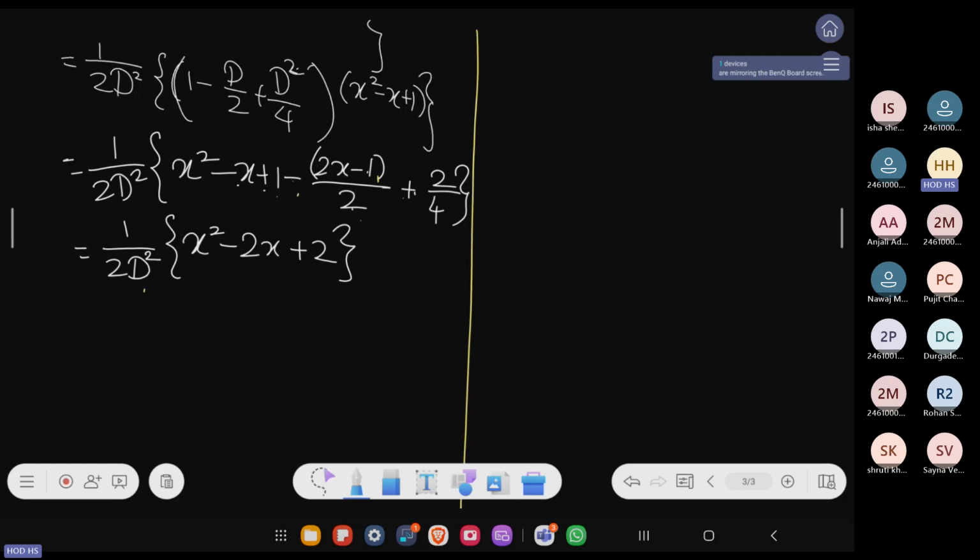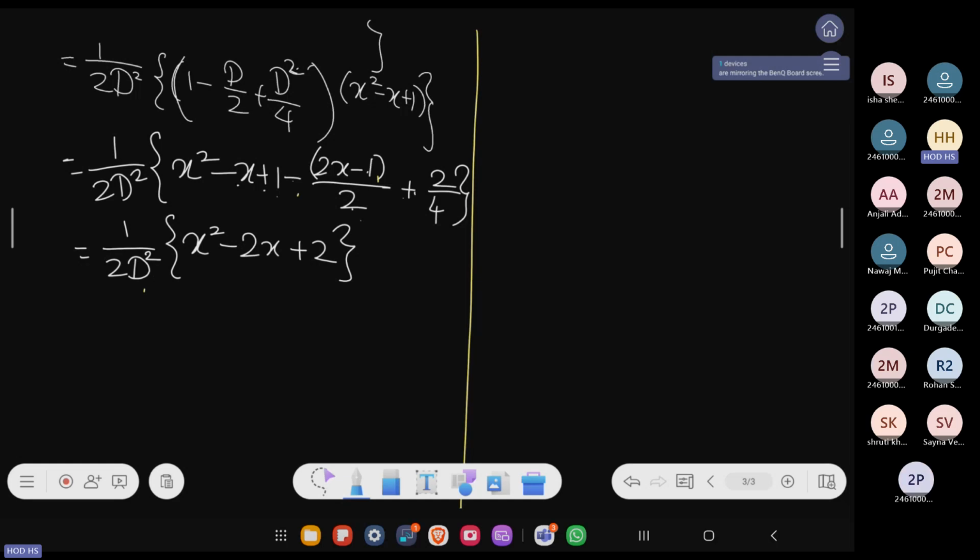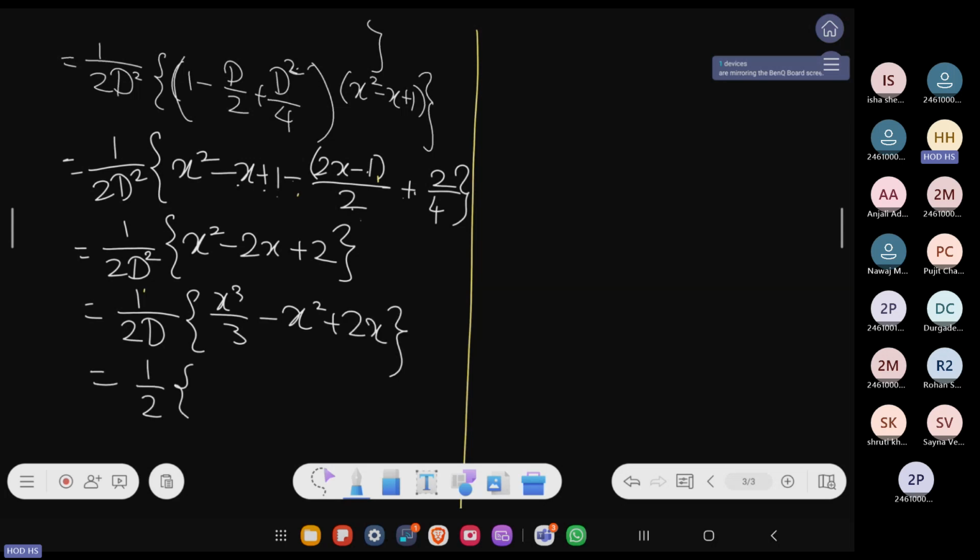Now, what is the interpretation of 1 upon D square? It will be double integration. So integrate this quantity twice, or I'll integrate once first. So I will get x cube by 3 minus x square plus 2x, and again integrating to remove this D, I will get half times x power 4 by 12 minus x cube by 3 plus x square.